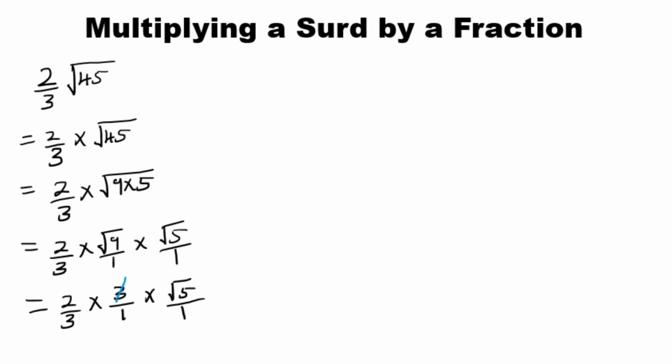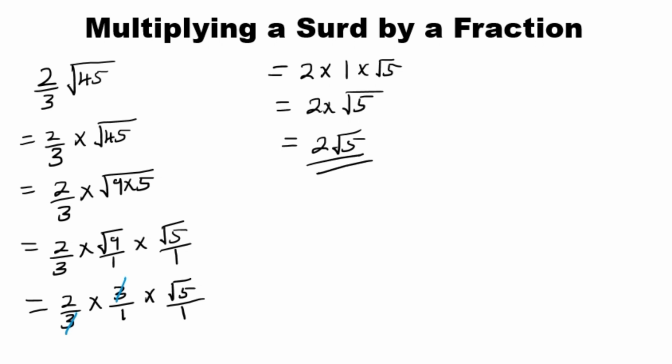So 3 is gone and 3 is gone, and we are left with 2 times 1 times the square root of 5. Okay, and this gives us 2 times the square root of 5, and finally we have 2 root 5 as our solution.